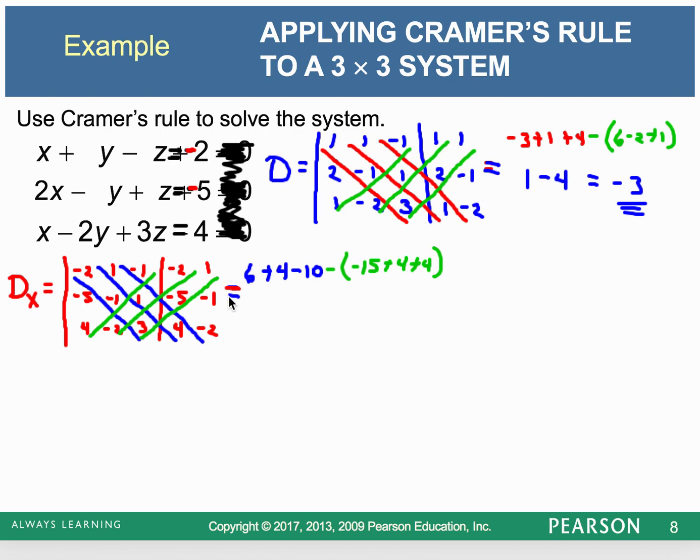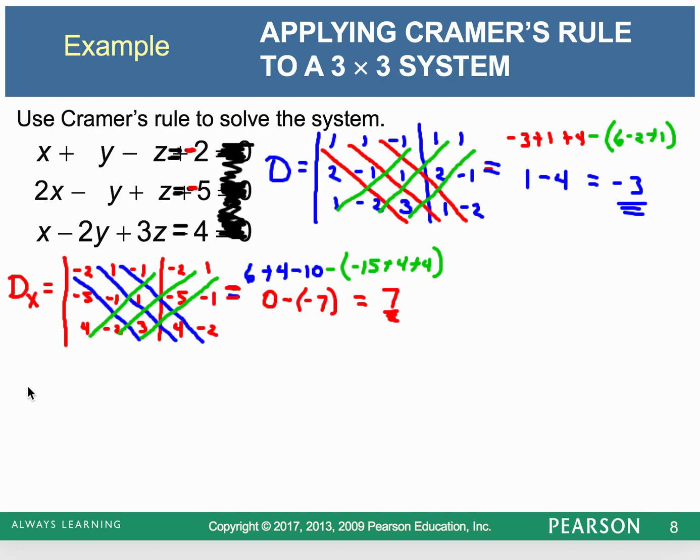So this equals 10 minus 10, 0, minus -15, -15 plus 8, so -7. So this determinant is 7.